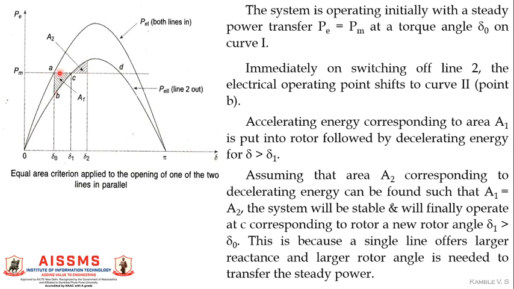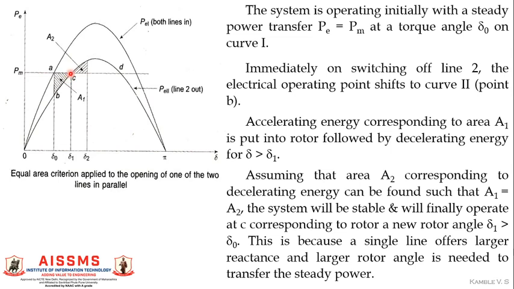So this is the area A1 during the accelerating period, this is the area A2 during the decelerating period, and when A1 becomes equal to A2, that is the accelerating area becomes equal to the decelerating area, then the system is said to be in a stable operating state, or the system will regain its stability, or regain its equilibrium position.